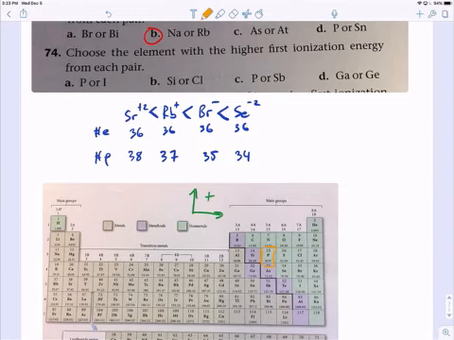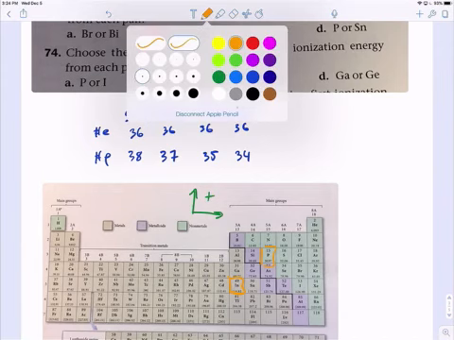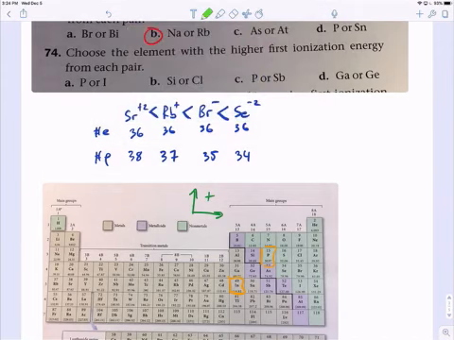That's not a fair one. Phosphorus or indium. Silicon or chlorine.